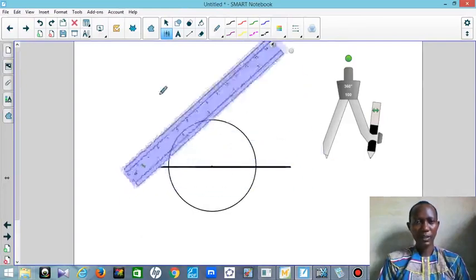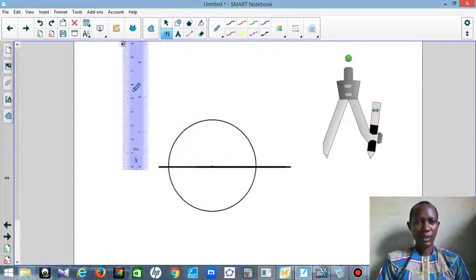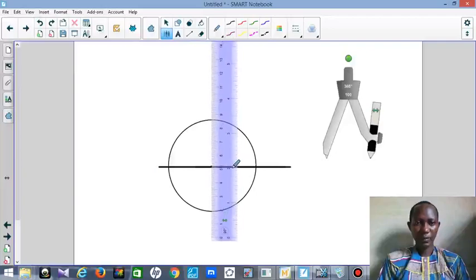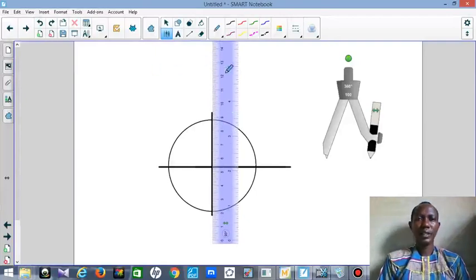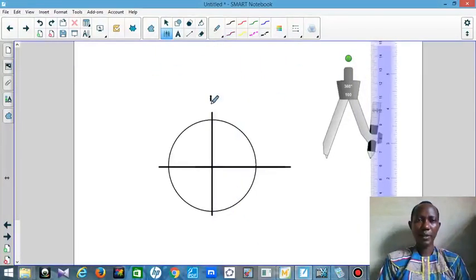Draw your vertical line. Very nice. Then you now label your north, your south, your east, then your west. Then these two lines represent the reference line.